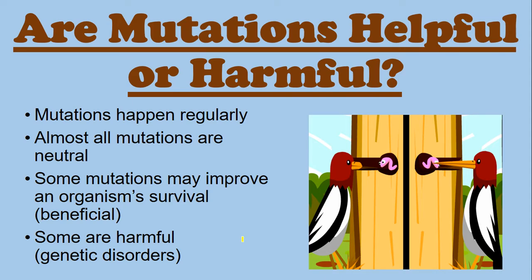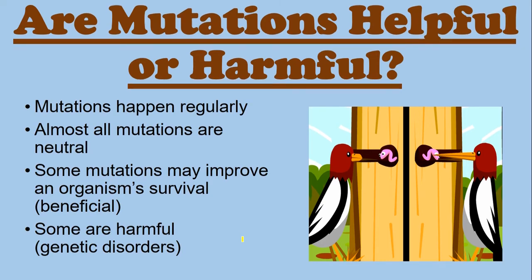I'm going to cover a lot of genetic disorders when we get into videos about genetics, but genetic disorders can cause big damage to someone, even death. So they can be harmful as well. So mutations can be neutral, beneficial, or harmful, but it all depends on what it does to the protein or the amino acid sequence.